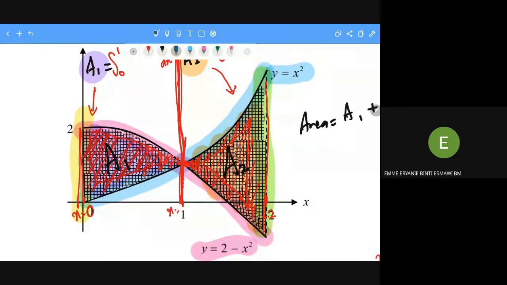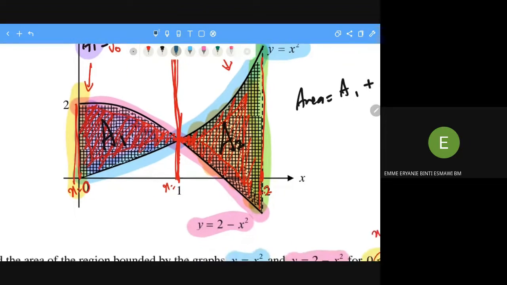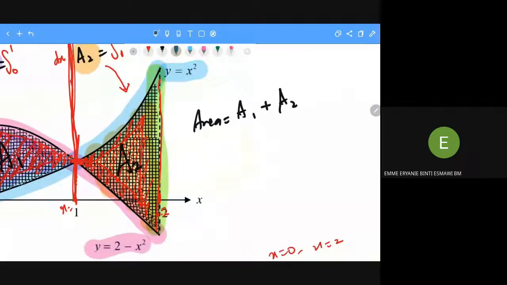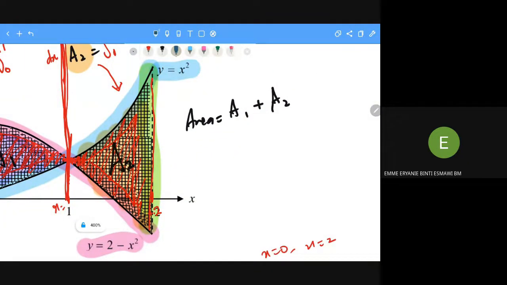It's a must tu macam agak kurang clear sebab tak semestinya kalau kita ada dua graf, dua bounded region macam ni, it's a must to separate. Contoh kalau graf tu macam ni.